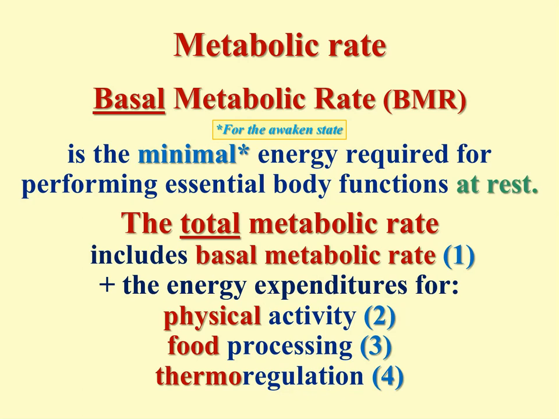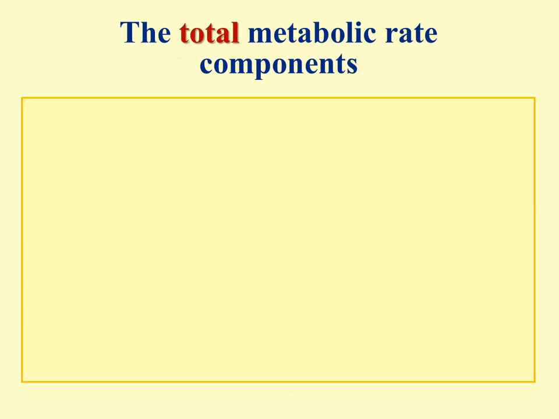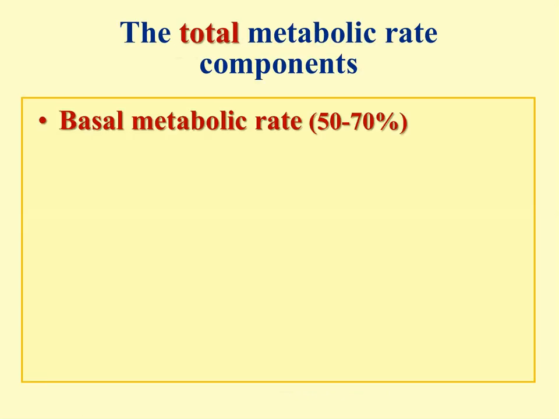But if the real temperature differs from neutral, from comfortable, we must activate the processes of heat production or heat loss. All this requires additional energy. So you see there are many components in the total metabolic rate. And let's see the ratio of these components.